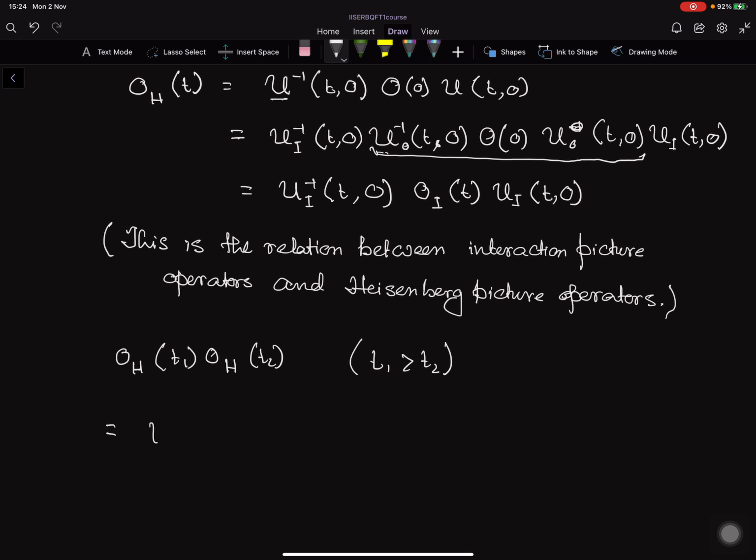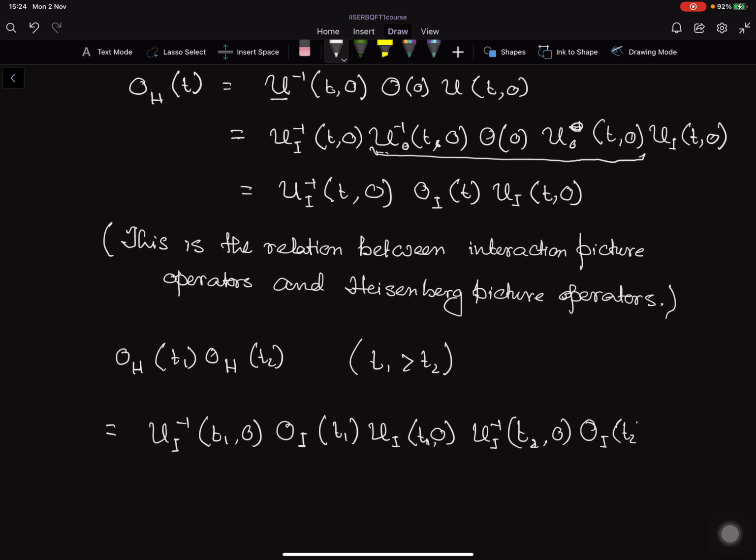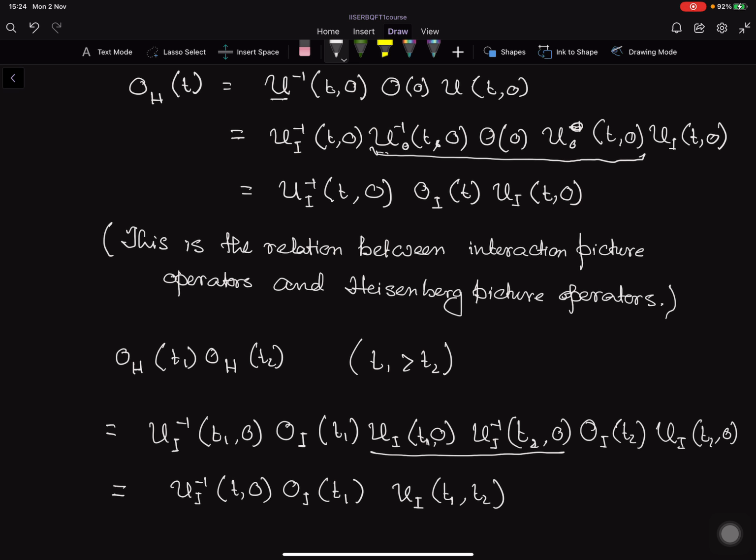Then from the above equation we get U_I inverse (t1, 0) O_I (t1) U_I (t1, 0) U_I inverse (t2, 0) O_I (t2) U_I (t2, 0), which is the same as U_I inverse (t1, 0) O_I (t1) U_I (t1, t2) O_I (t2) U_I (t2, 0).